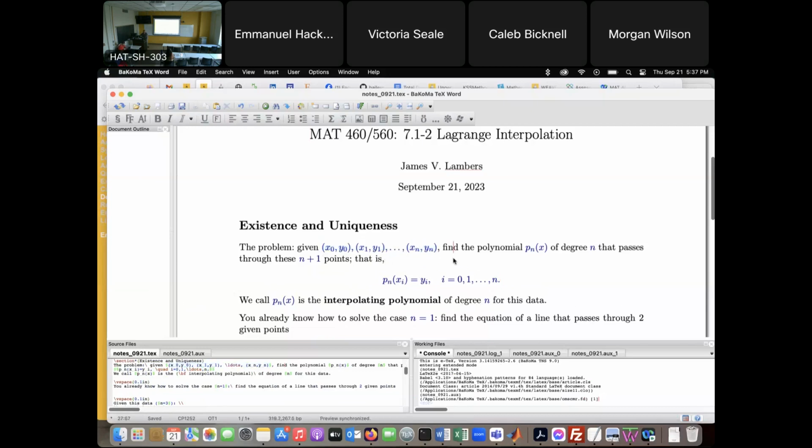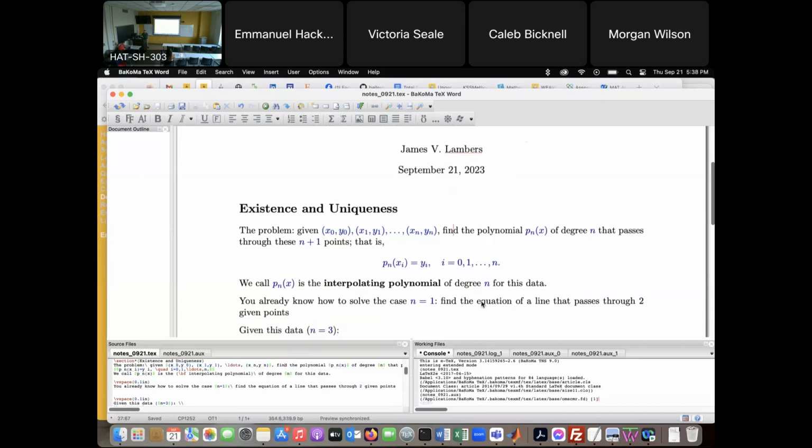Now, you can think of this as a generalization of a problem that you've long since known how to solve. And that is, given 2 points, what's the equation of a line that passes through them? So in that case, you find the slope and the y-intercept, or maybe you do point-slope form. But now we're dealing with higher degrees.